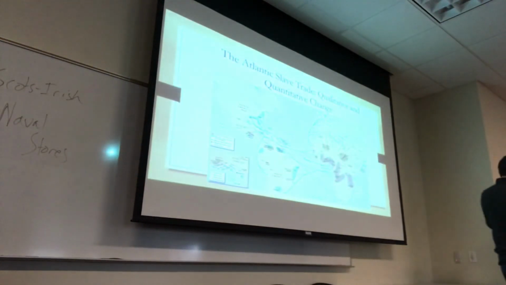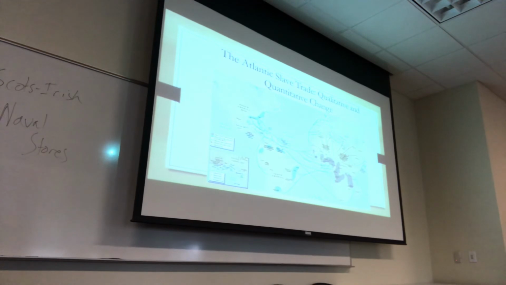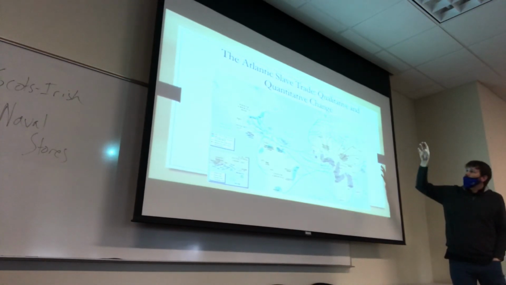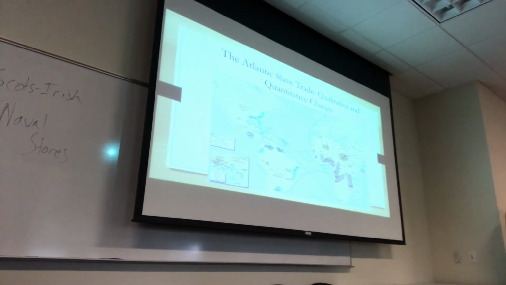So when we observe that slavery and slaving had existed in Africa prior to European arrival, do not let that blind you from the fact that once Europeans tap into that, there is incredible qualitative and quantitative change. And what Europeans do in the New World is something that had never been done before in world history.